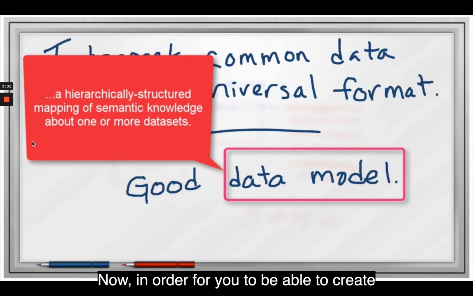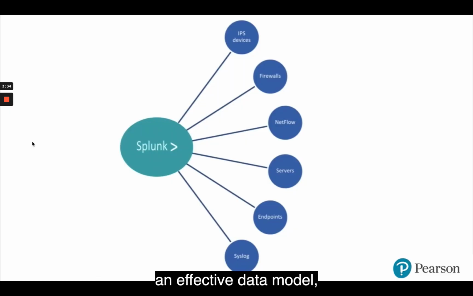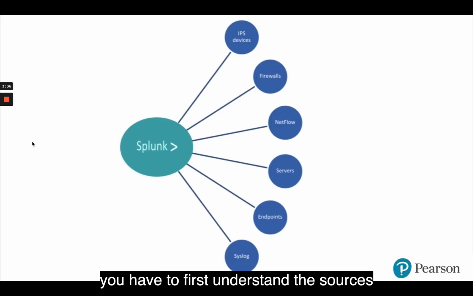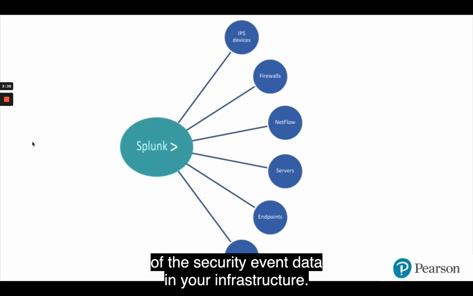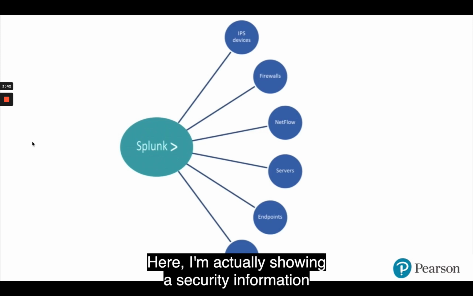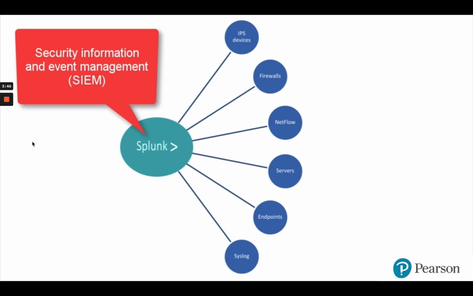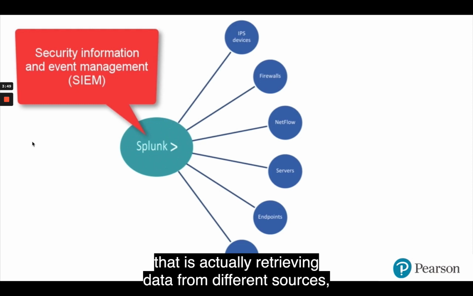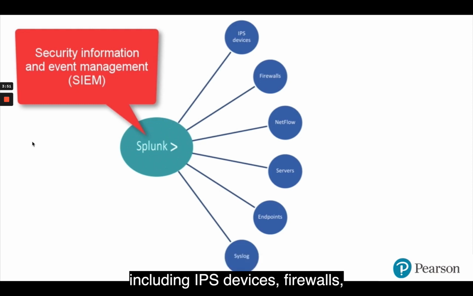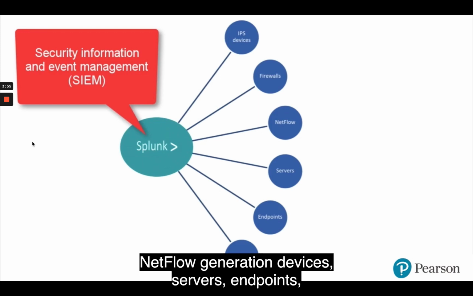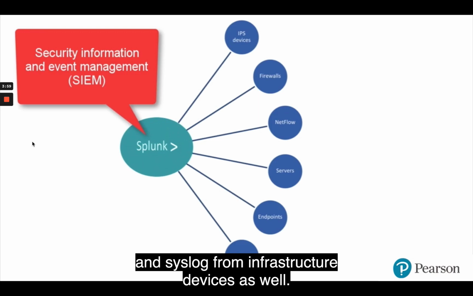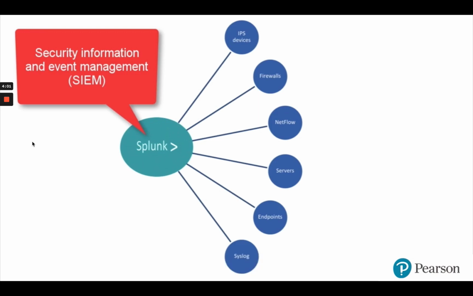Now, in order for you to be able to create an effective data model, you have to first understand the sources of the security event data in your infrastructure. Here I'm actually showing a security information and events management system, or SIEM, that is actually retrieving data from different sources, including IPS devices, firewalls, NetFlow generation devices, servers, endpoints, and syslog from infrastructure devices as well.